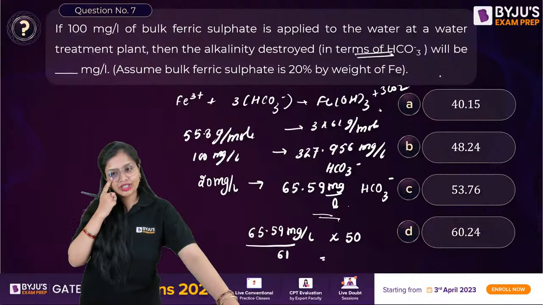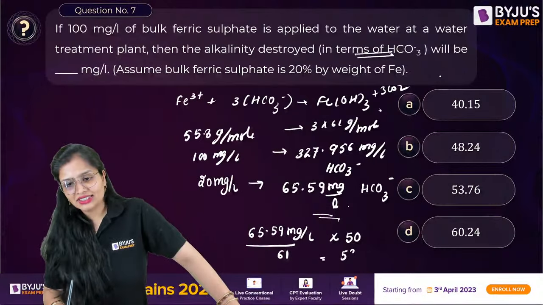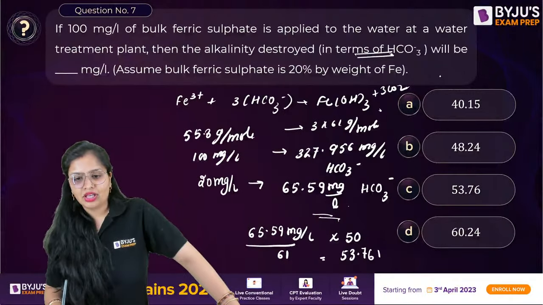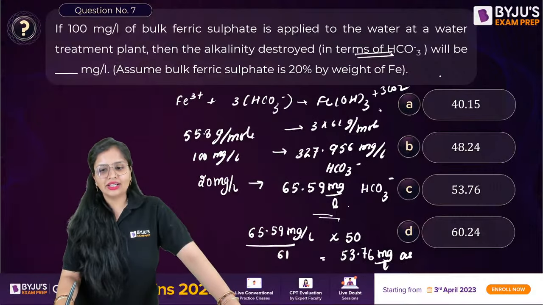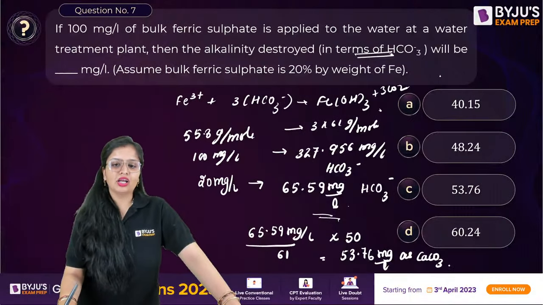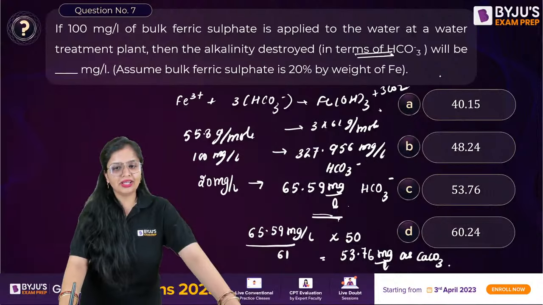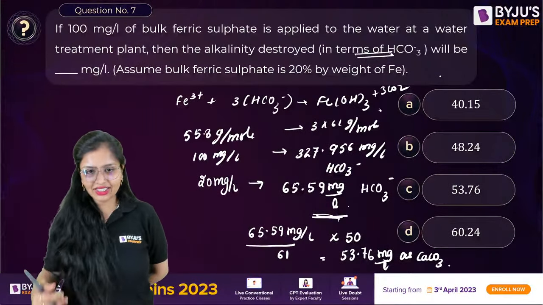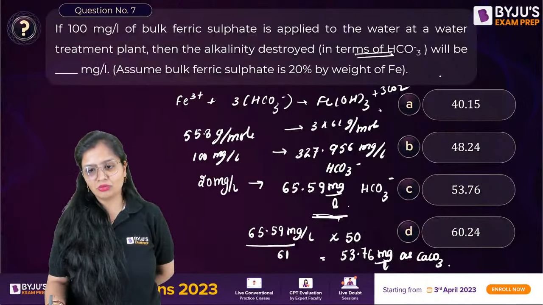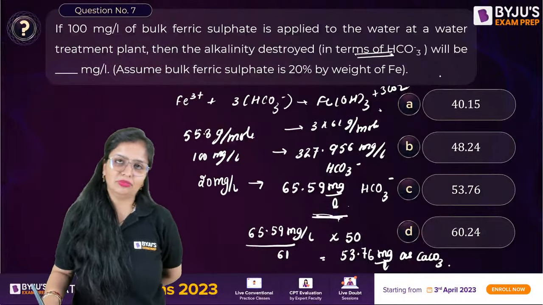So in this way, you will get around 53.76 mg per liter. This will be the alkalinity destroyed as calcium carbonate. But if you talk in terms of HCO3 minus, you will be getting 65.59. So technically it should ask in terms of calcium carbonate. Then 53.76 will be the answer.